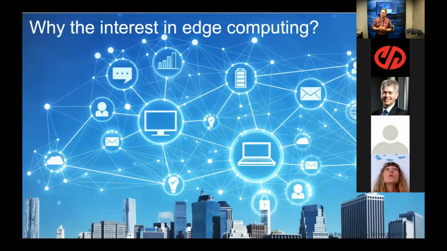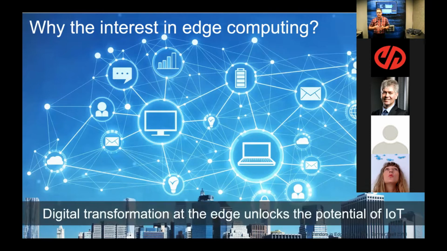The question everybody asks is why the interest in edge computing? It starts with the growing availability of internet-connected services and the data they produce. Companies are discovering how data generated from these devices can be used to analyze businesses and processes, and be a competitive advantage. Many of these devices are at the edge locations.